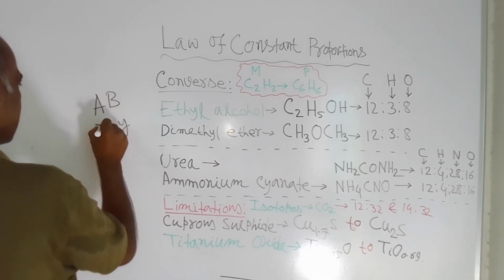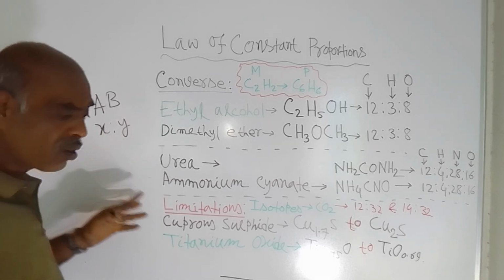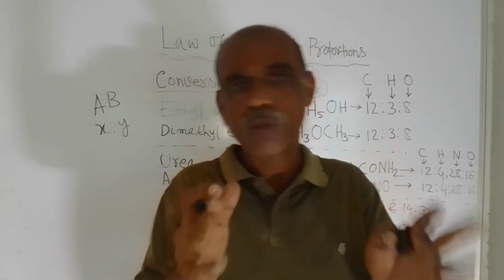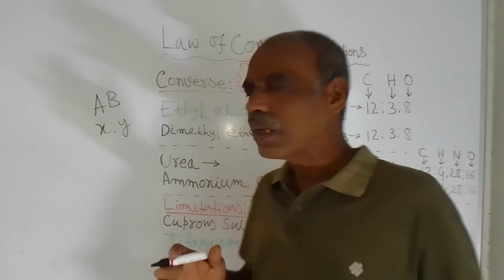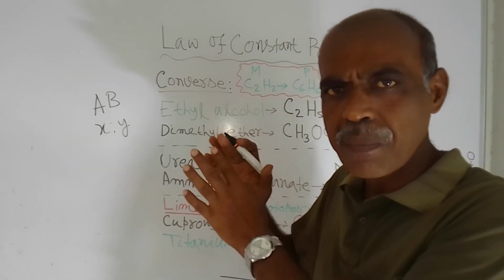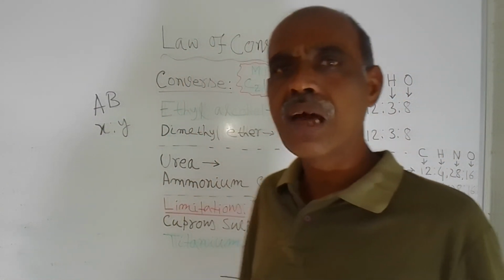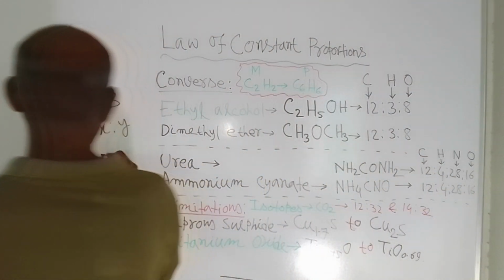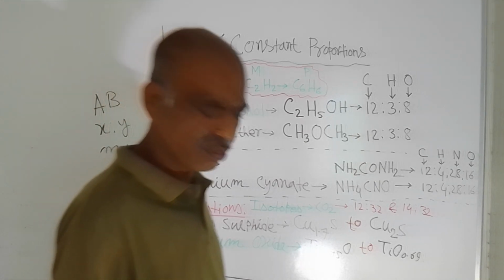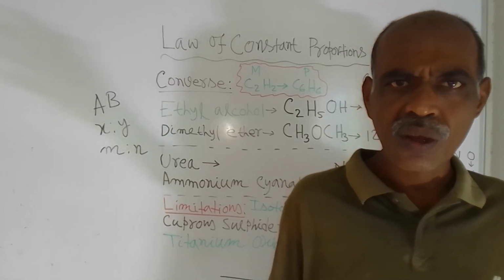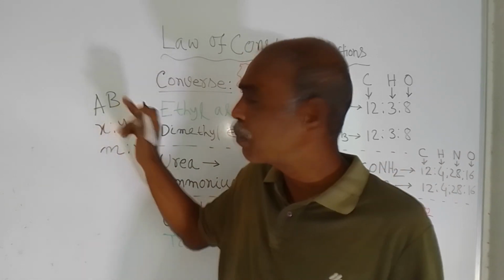Can you see? X:Y. This was the ratio for a method of preparation. And now you are going to prepare the same chemical compound AB by using another method, and the ratio of the masses was, suppose, M:N. That is the ratio for another method of preparation for the same chemical compound AB.